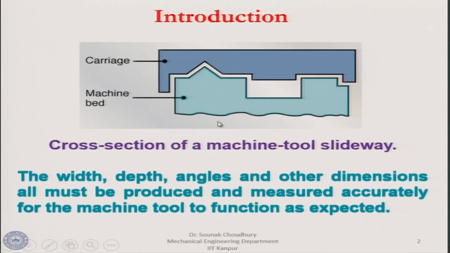Even this angle, this surface has to be perpendicular to this dimension, has to be exactly maintained within a certain tolerance level, and so on. So, the width, depth, angles and all other dimensions must be produced and measured accurately for the machine tool to function.